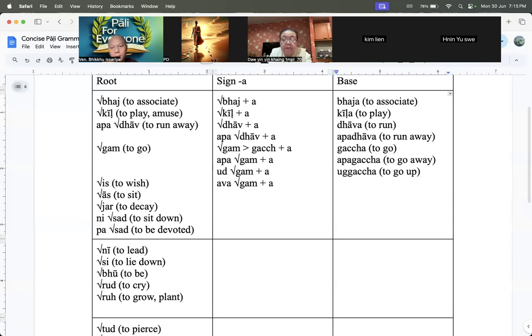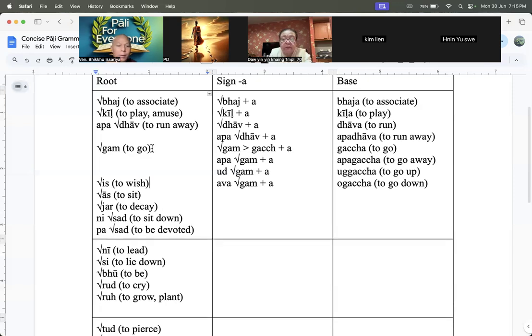So that ava is changed to oggaccha in this way. That ava is opposite to ud. So to go down, you see. So it can simply be understood: apa means away, ud means up, ava means down, mostly.